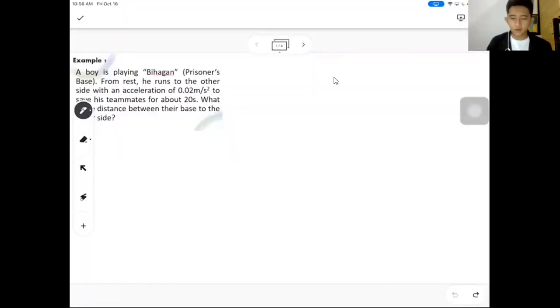So here, we're going to answer our example number 1. We have a given acceleration equal to 0.02 meters per second squared. Time is equal to 20 seconds.